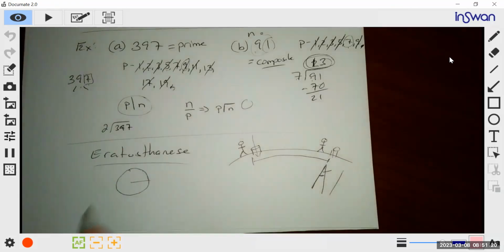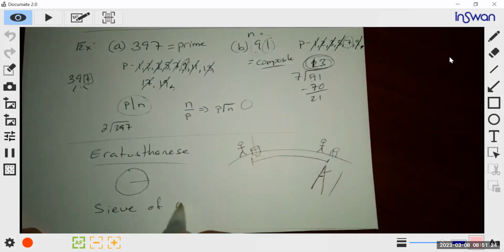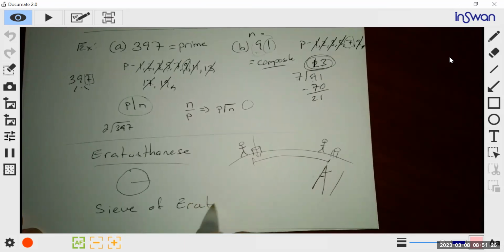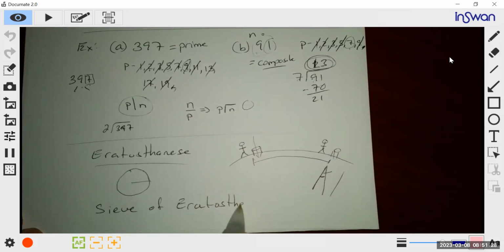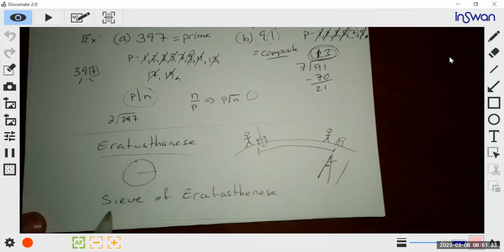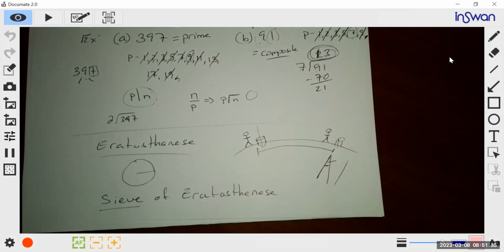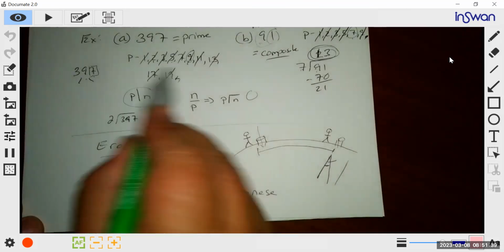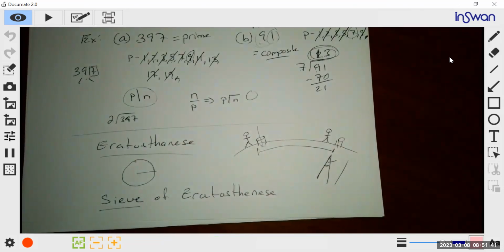He developed something called the sieve of Eratosthenes. A sieve is like a silo. If you throw in all your prime numbers, and whichever ones don't work, throw them away.